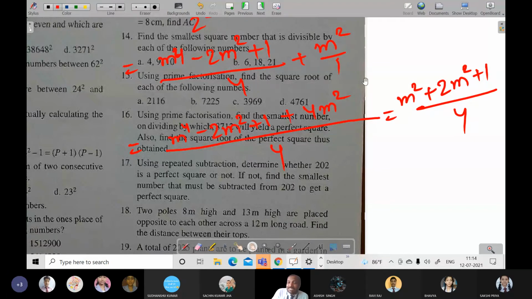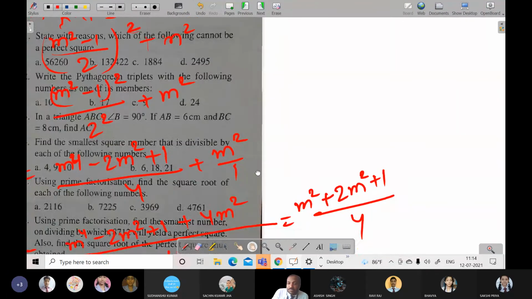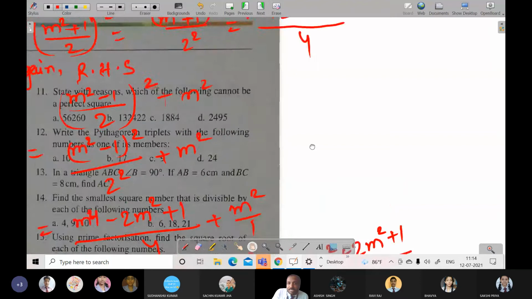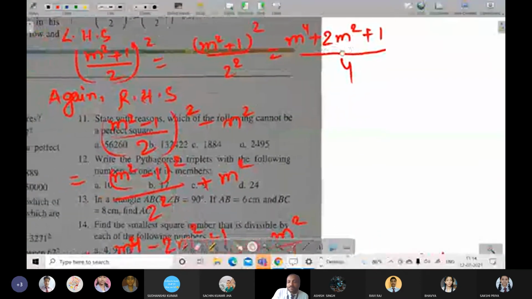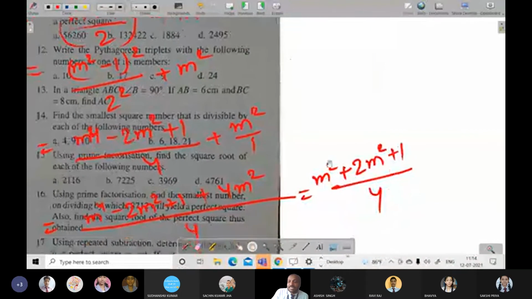And if you see the LHS, while solving the LHS we had got the same answer, that is m raised to the power 4 plus 2m square plus 1 by 4. And if you see the RHS also, we are getting the same, m raised to the power 4 plus 2m square plus 1 by 4.